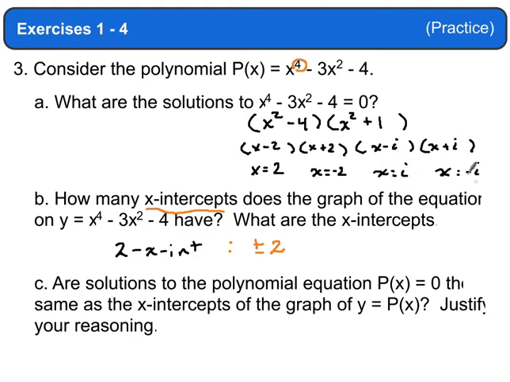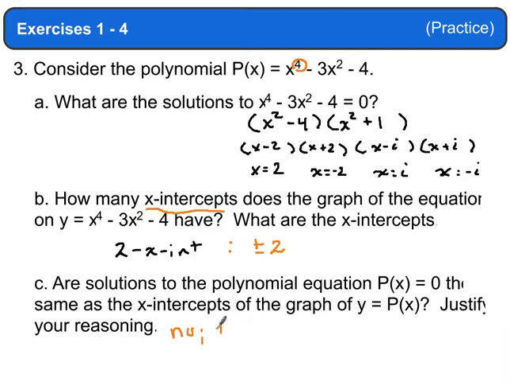These two don't actually cross the x-axis. So part C: are the solutions to the polynomial p of x equals 0 the same as the x-intercepts of the graph of p of x? The answer would be no. Again, same reason.